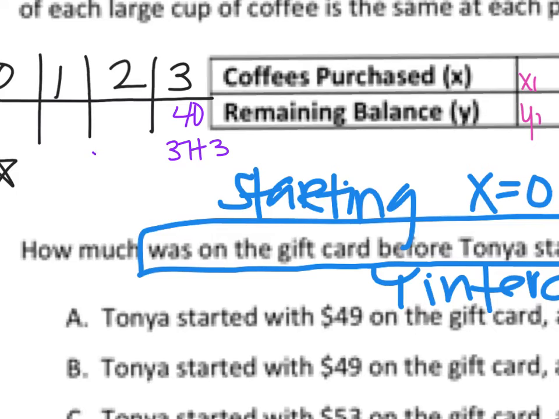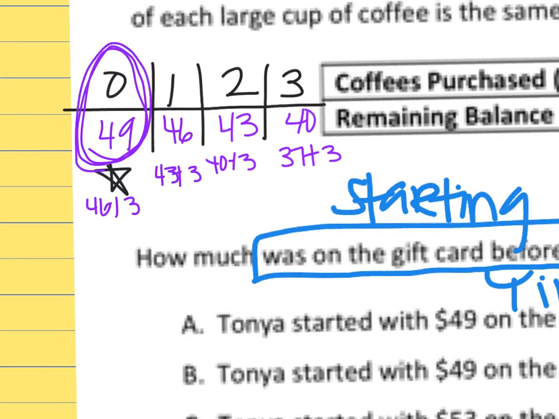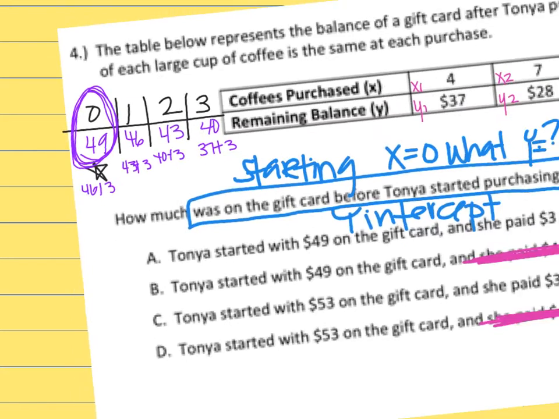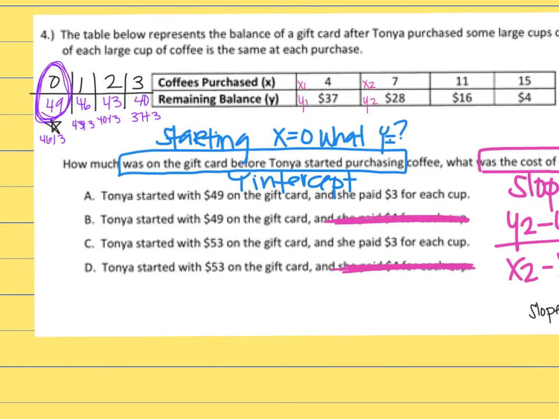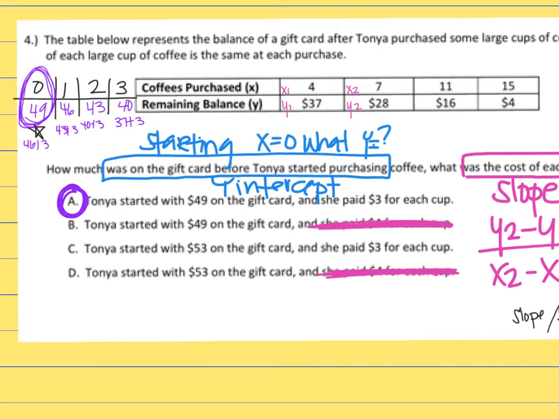And then I would do 40 plus 3 to get the value before 2 cups were purchased. And then for 1 cup, I would add 3 more. So then 43 plus 3 is 46. And then to get this value that I want, I would add 46 plus 3 and get 49. So the y-intercept, or the starting amount on the gift card, was $49, which is what A says. So starting with 53 was wrong.